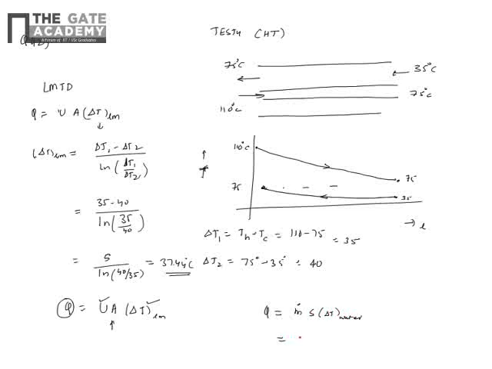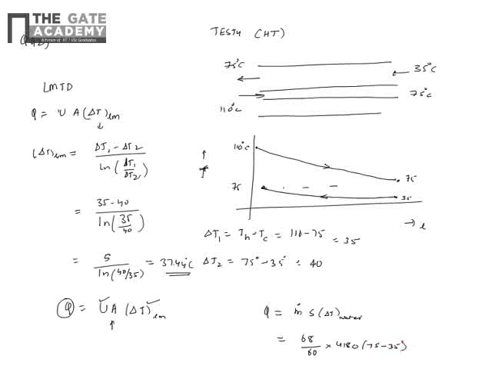The mass flow rate is 68 kg per minute, so 68 by 60, specific heat is 4180 joules per second, and delta T is the final temperature 75 minus the initial temperature 35.